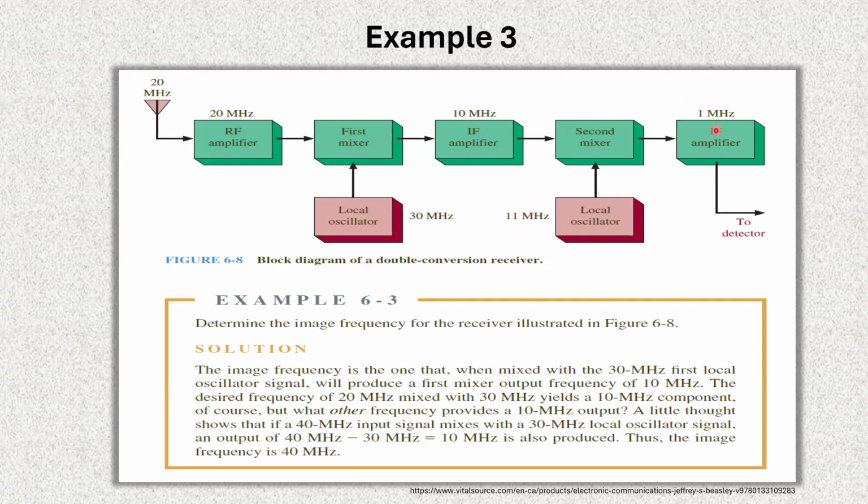That 1 megahertz is far enough from all these 20 megahertz and 30 megahertz and 40 megahertz business that the selectivity and rejection of all the unwanted stuff is much easier. So that's why we have different stages.